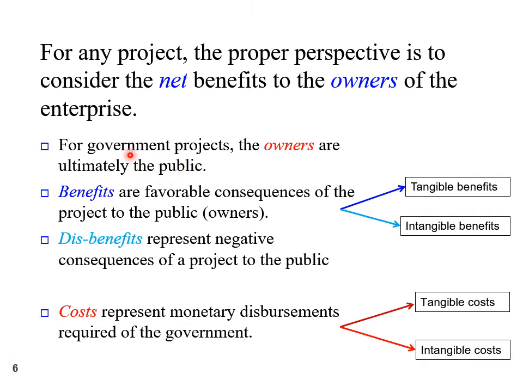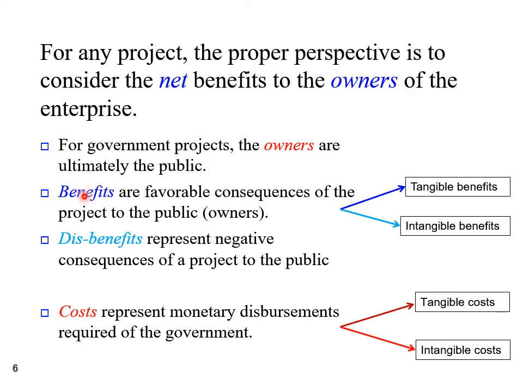Okay? So we should look from the perspective of the people. But the thing is, the people that lead, that own, that manage this project are different than the public. The public cannot manage the project. The electeds or the administration does this project. Okay, so the owners and the project leaders are different.